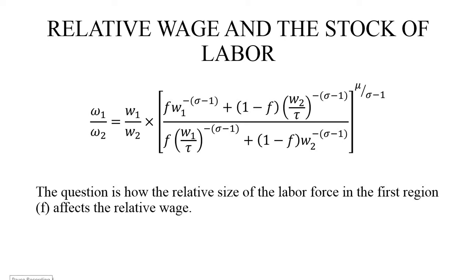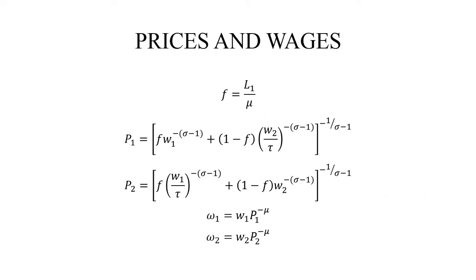Hi, so in this video we are to finalize Krugman's model with two regions and two factors of production, and as you remember, last time we finished here. So the idea was that the relative attractiveness of the region for the labor force would depend on the wage as well as the price level.